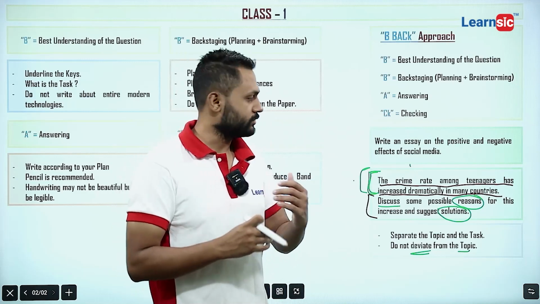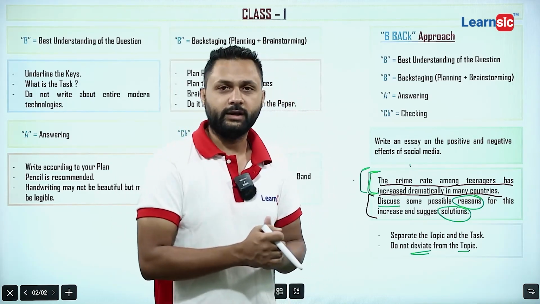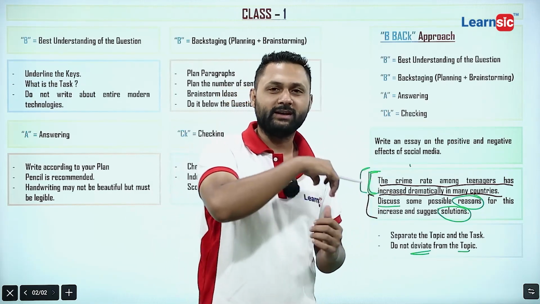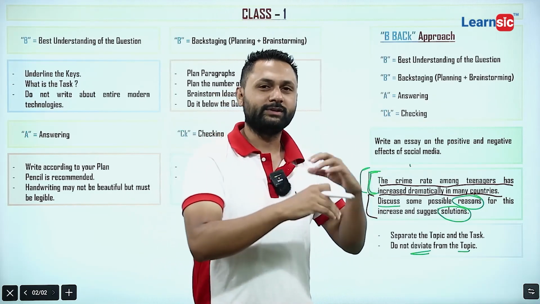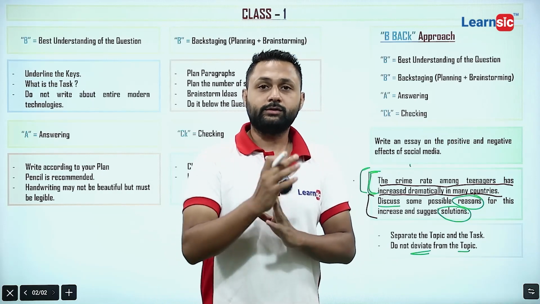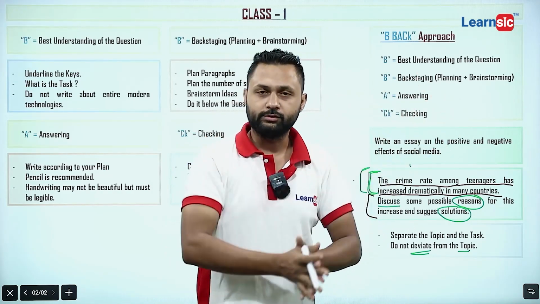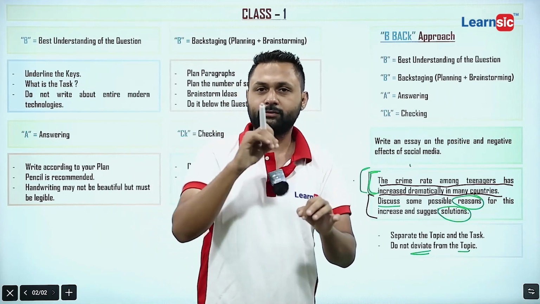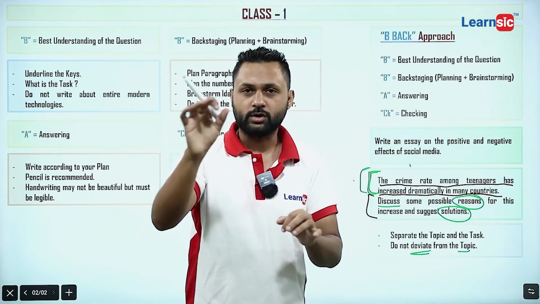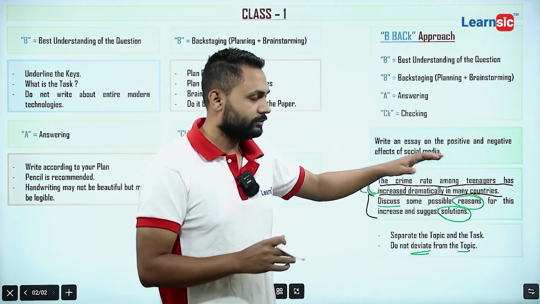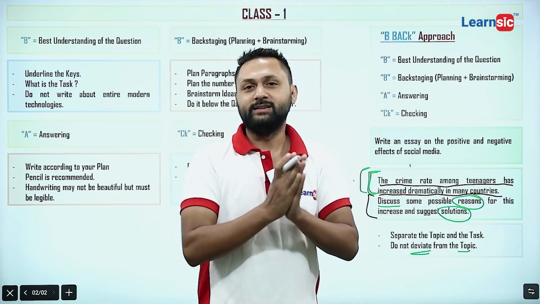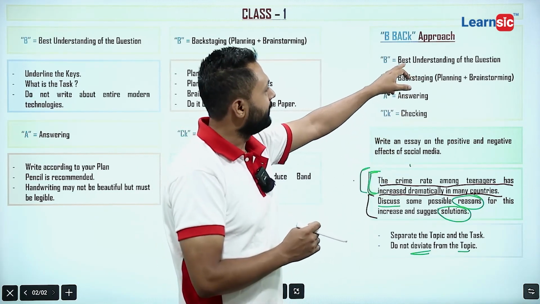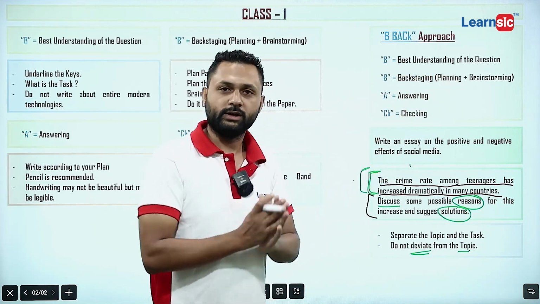Now if you start talking about terrorism and all about ISIS and America's invasion of Iraq and everything about Syria, if you start talking about those crimes relating to terrorism, then that is also known as deviation from the question, deviation from the topic. Okay, so in this case you just need to talk about teenage crimes. So this is what we call a best understanding of the question.